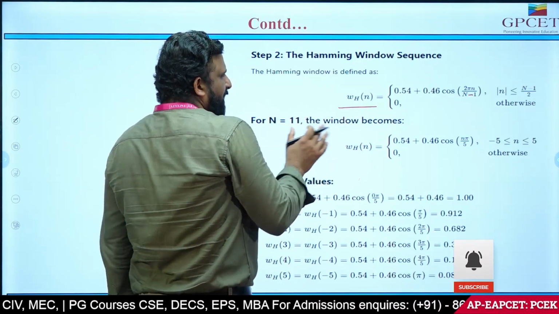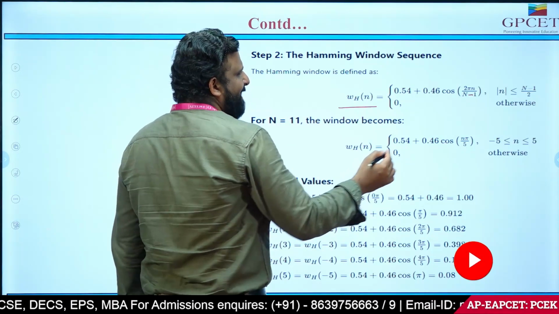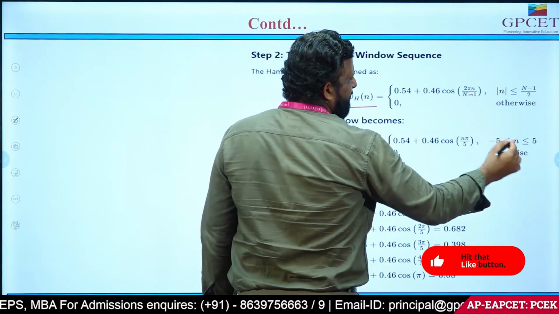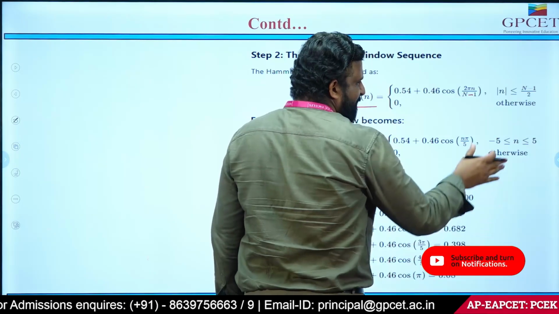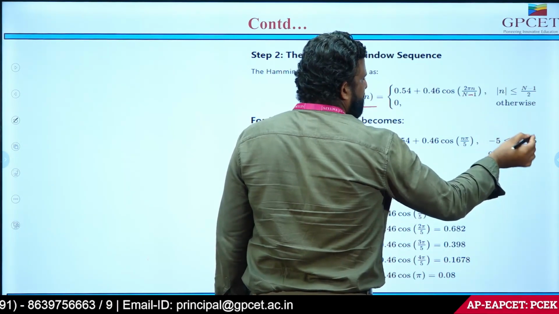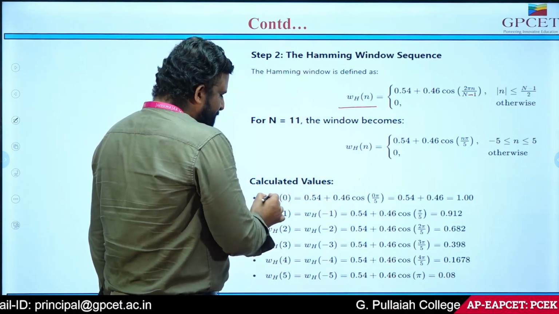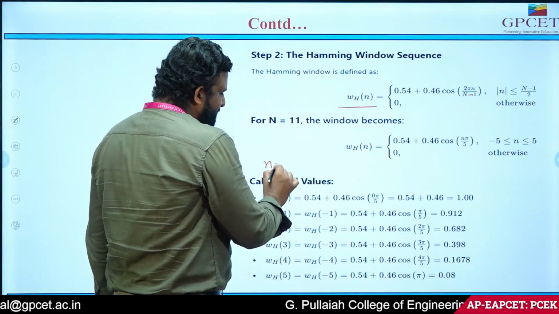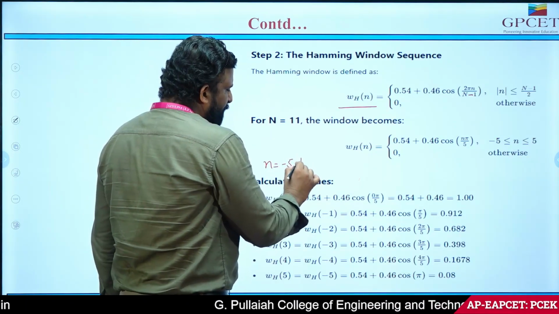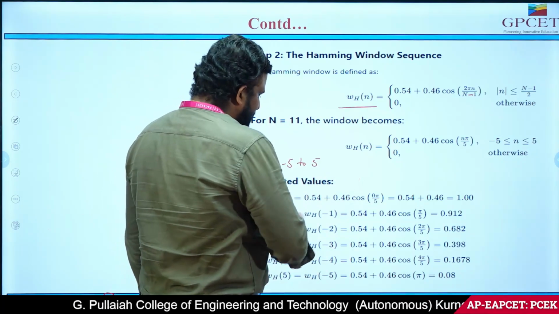Now we are considering the Hamming window where n lies between minus 5 and 5. How many values are we going to find? From minus 5 to plus 5, so I am going to substitute n equal to minus 5 to plus 5, all positive and negative values symmetrically.